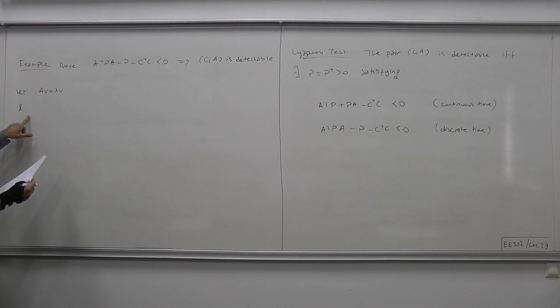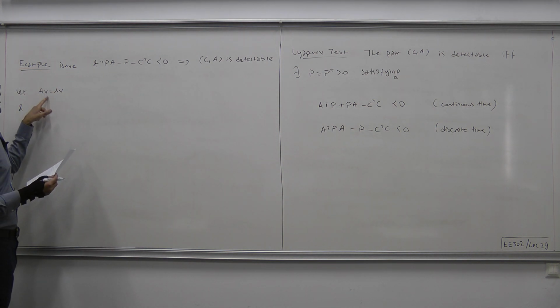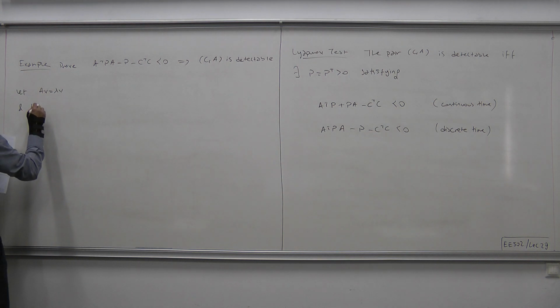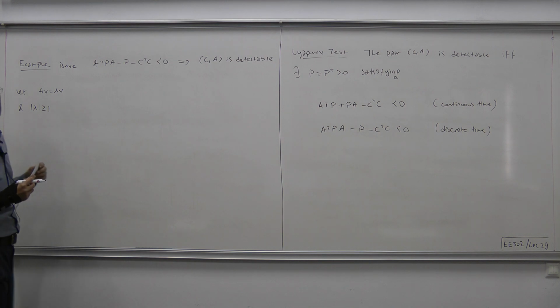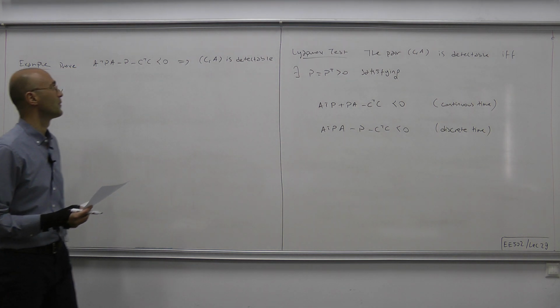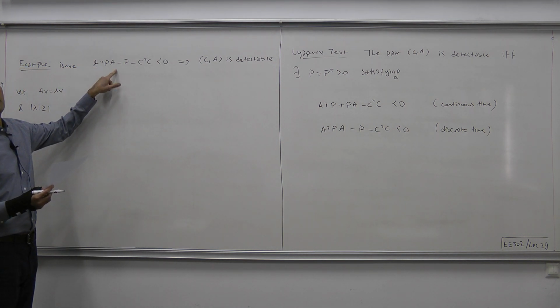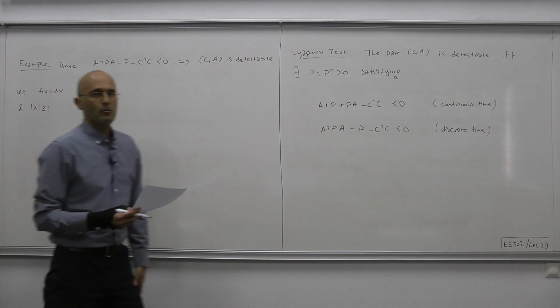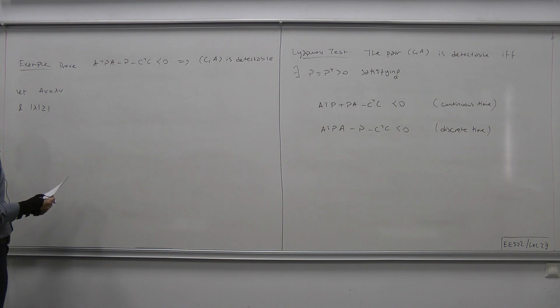So the V that we're going to apply our test to must have a lambda such that the magnitude of that lambda is greater than or equal to 1. So we're proving this result, and this is the discrete time Lyapunov inequality for detectability.